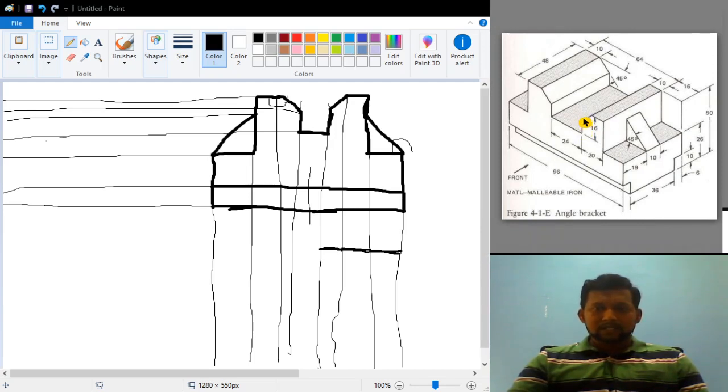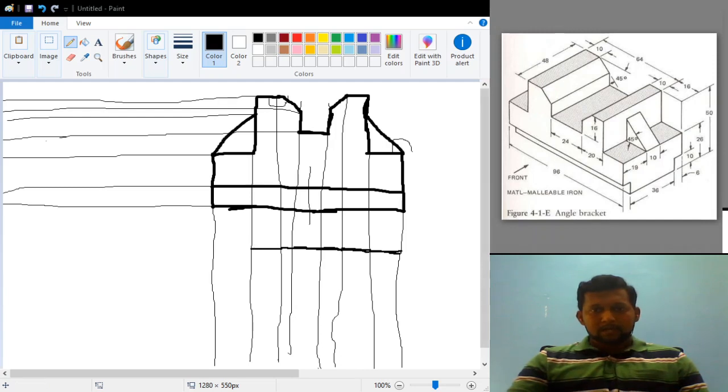This vertical distance again becomes 0, and after that we have 24 mm. Here you can see that this is nothing but your 24. So I am going to draw this one as a straight line. After that this vertical distance becomes 0. Again this rectangular block inclined line, and after that another 10 mm.